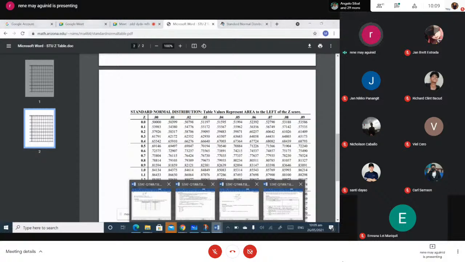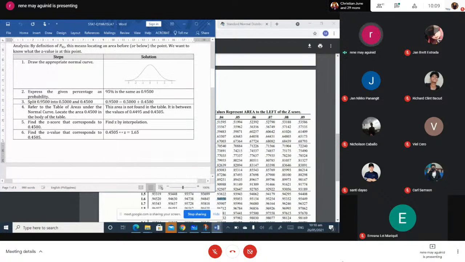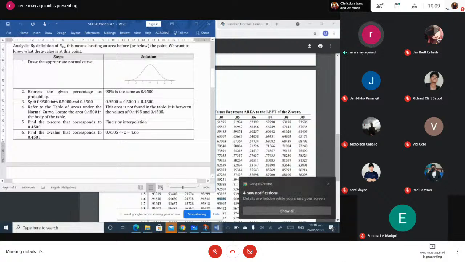Na-discuss na diri ang interpolation. So, siya makita in between 1.64 and 1.65, so 1.645 na dapat, hindi 1.65.